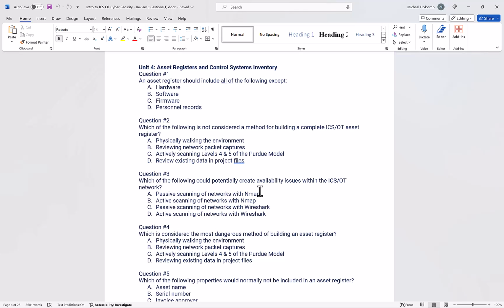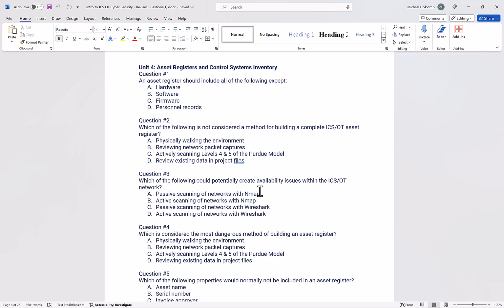So question number 2, which of the following is not considered a method for building a complete ICS OT asset register? We talked about 4 main ways that we could build an asset register. One would be physically walking the environment. We can review packet captures from the network using a tool like Wireshark.